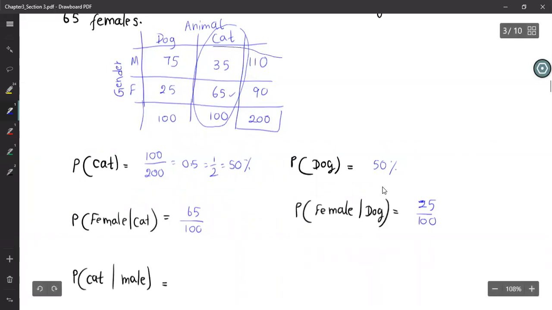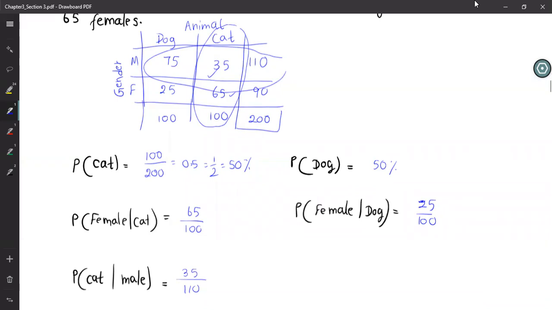So you look at the males. There are 110 males. Out of them, how many cats? 35 cats. Right? Can you all get these answers? Any different answers? Let me know if I have made any mistake. Is this clear to all of you?